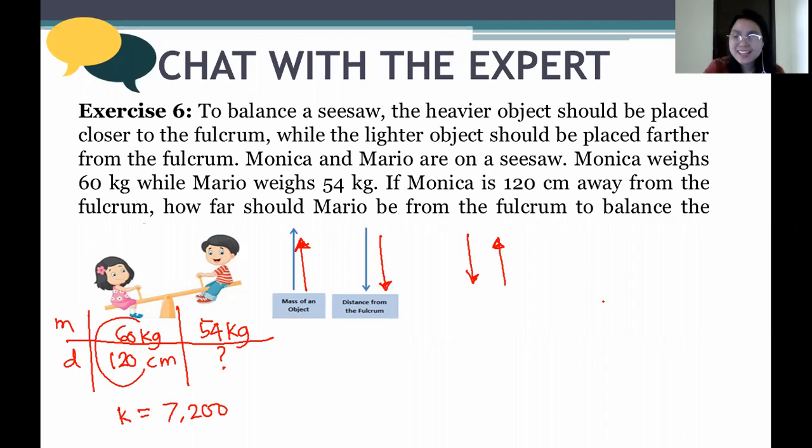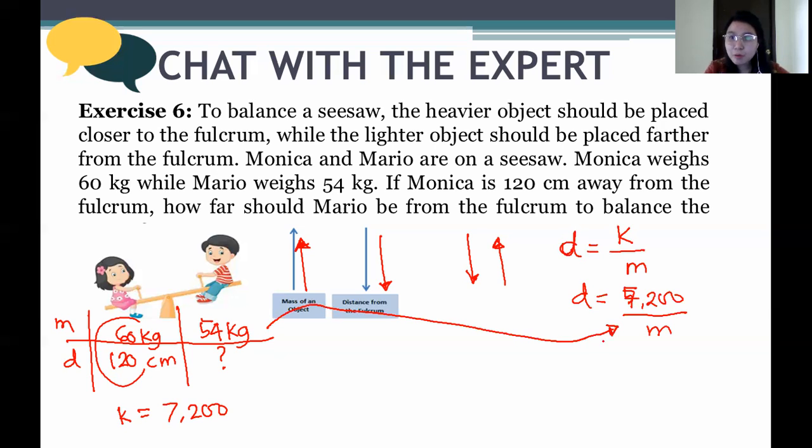Let's write our equation of variation. We have distance equals k over m. Now, so we have distance equals 7,200 divided by m. How heavy is Mario? Mario is 54 kilograms in mass. So you have the distance, that's 7,200 over 54.